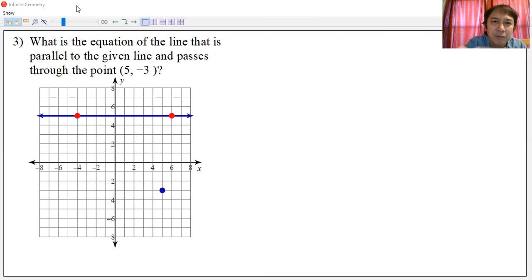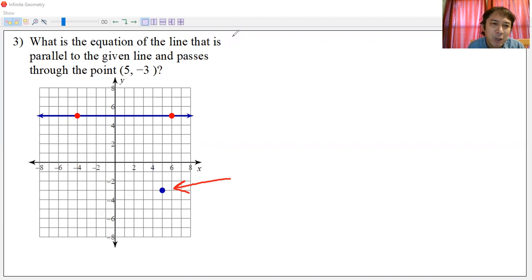So (5, -3) is this point here. That's located in the fourth quadrant. Now, the horizontal line, this particular constant function, is equivalent to y equal to the number at the y-intercept.